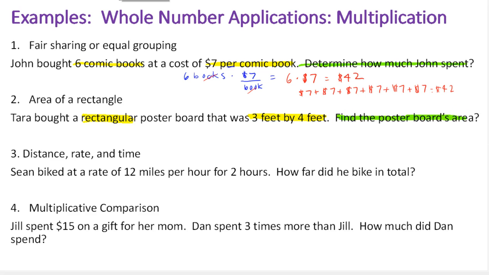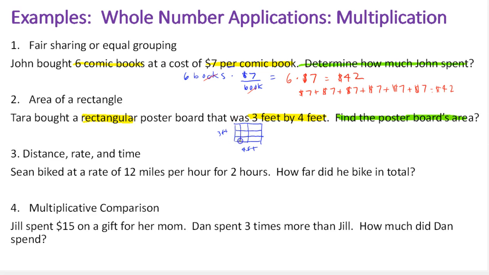Notice if we make a little sketch of this, if this is 3 feet and this is 4 feet, and we want to find the area, we want to find the number of square feet inside. So I'm going to cut this into 3 equal pieces, so each one of these is 1 foot on the left.